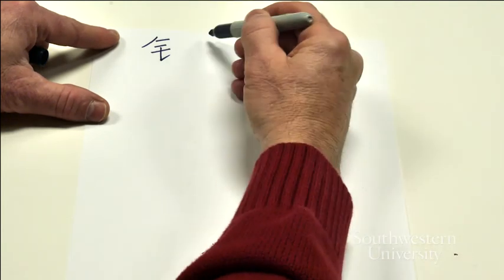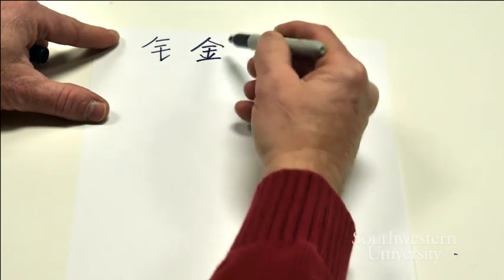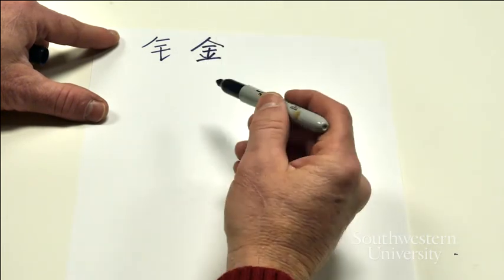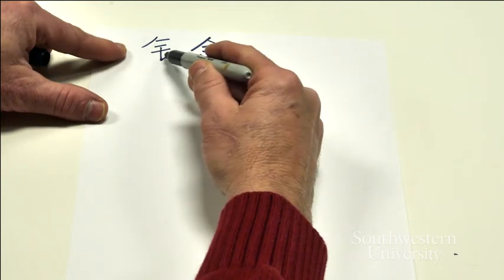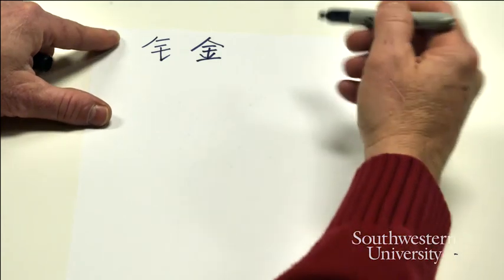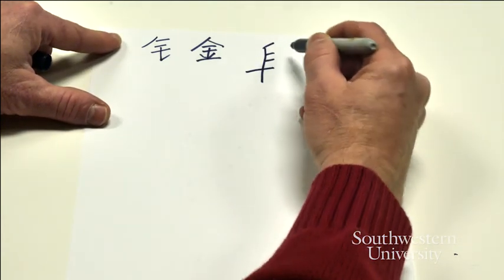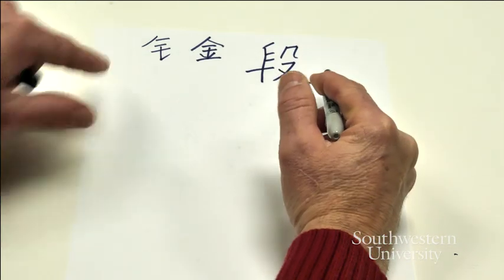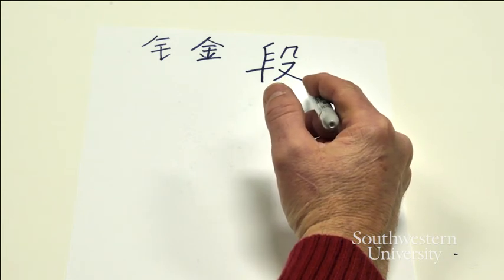So it has the metal radical derived from this form, which probably depicted ancient forms of an ingot of metal, so it's written simplified in that way. And then these components over here are just the sound, the phonetic, duan. It means a section or a segment.